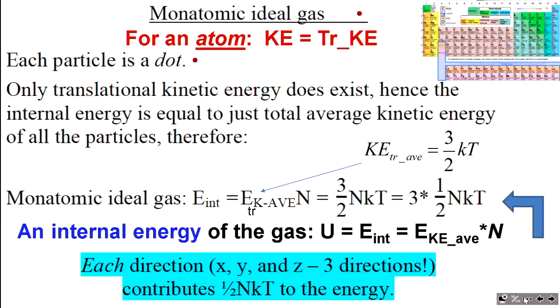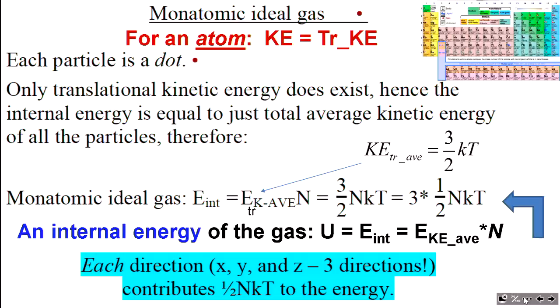Those molecules only travel in space, so they only have translational kinetic energy. And if we know the energy of a single molecule and multiply by the number of molecules, that gives the total energy of the whole gas, or we call it internal energy.